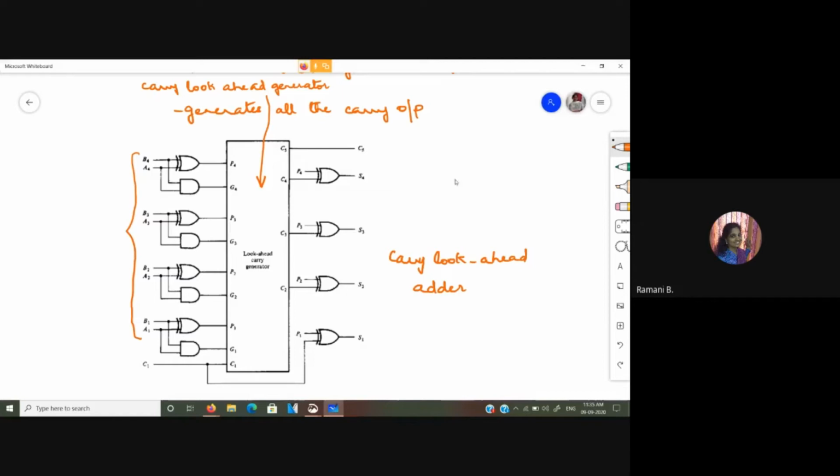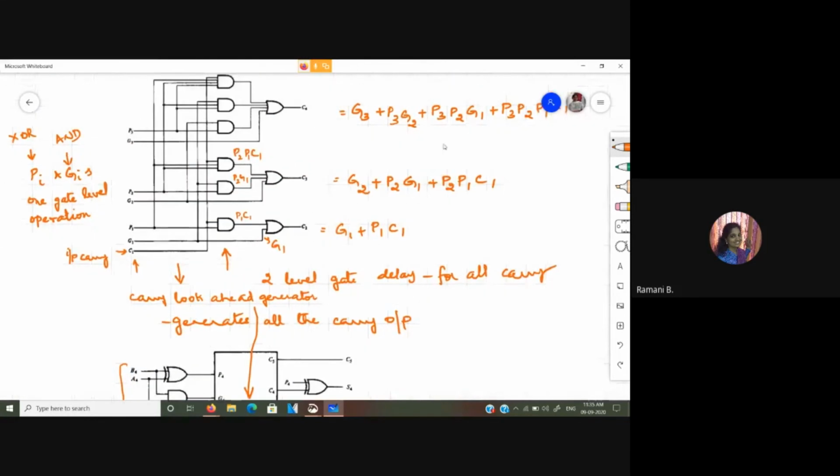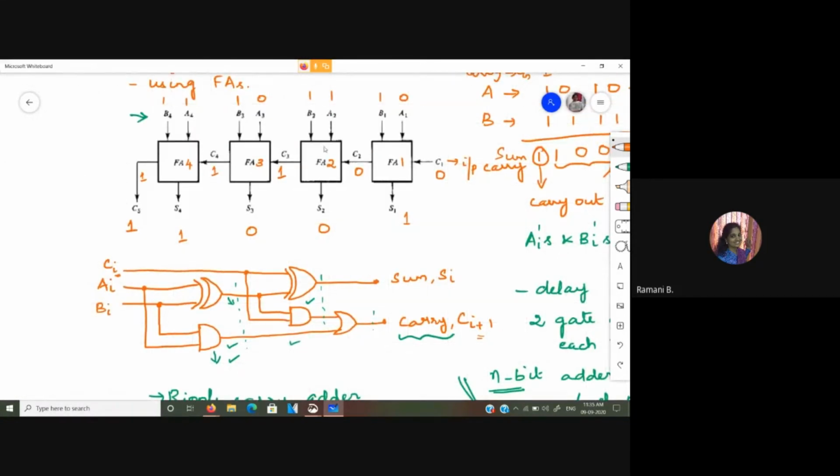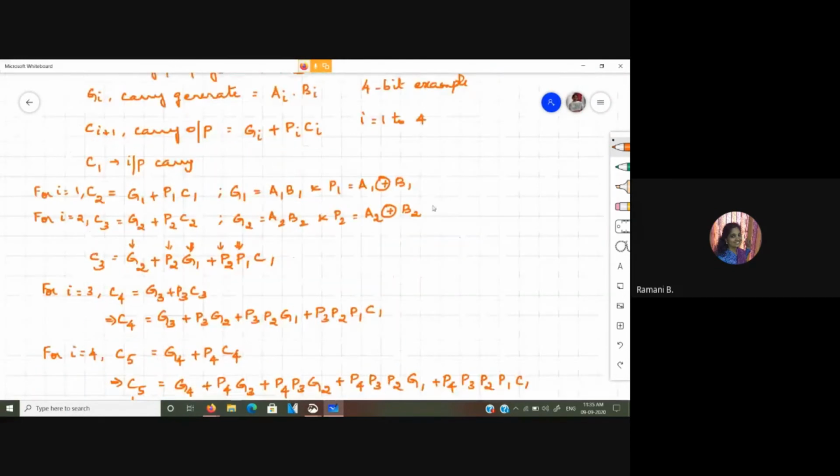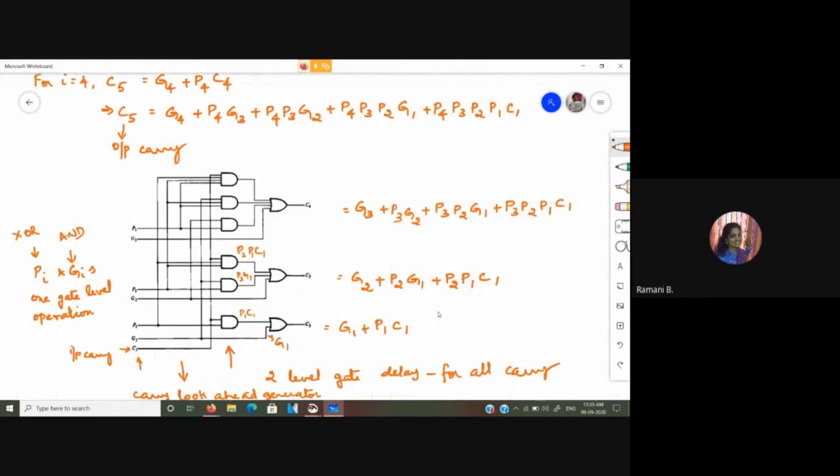You want this P2 to be one of the inputs to the second full adder to get the sum output 2. C3 is needed to generate S3. That is what is mentioned in this figure.